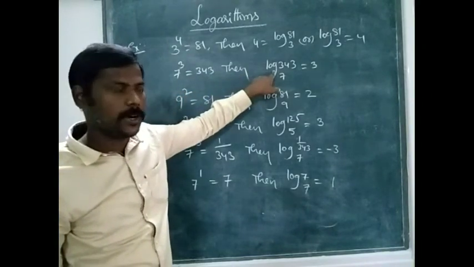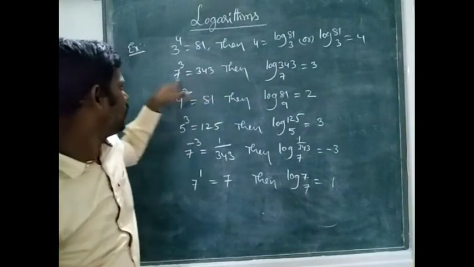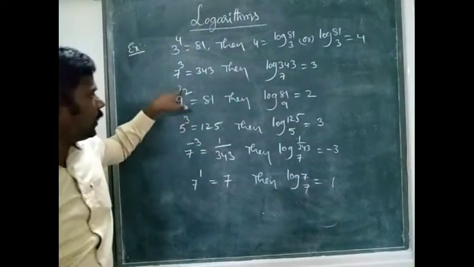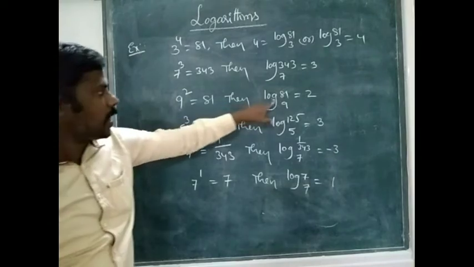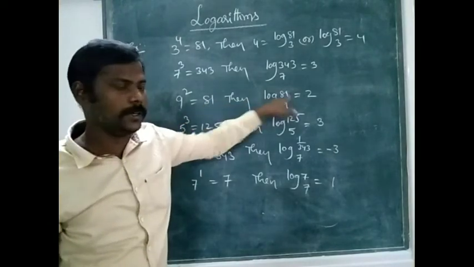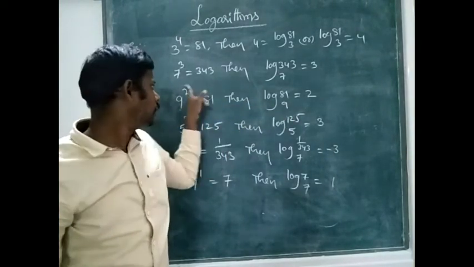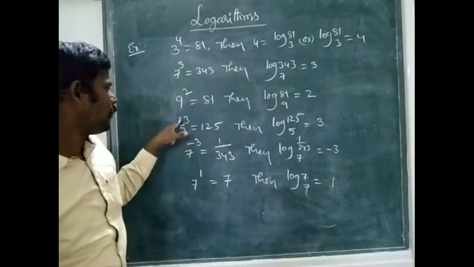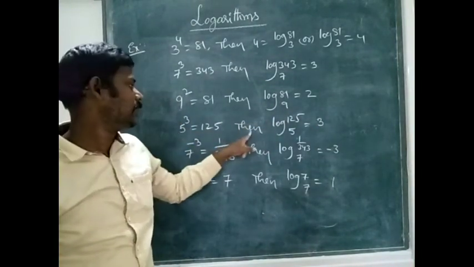Then the logarithm of 343 under the base 7 is equal to how much? 3. 9 square equal to 81. Then the logarithm of 81 under the base 9 is equal to how much? 2. Okay, children. Next, 5 cube equal to 125.